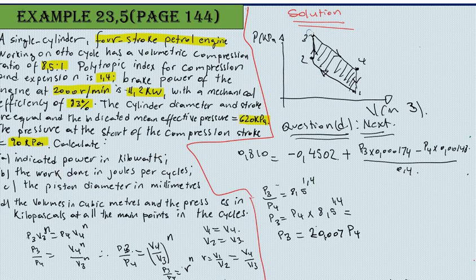So to get P3, I need to multiply P4 by 20.007. So that is my second equation, and that was my first equation.